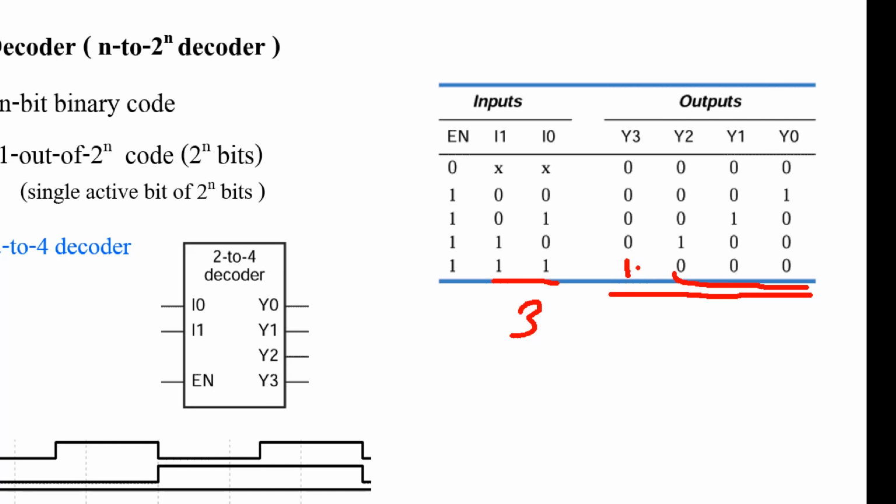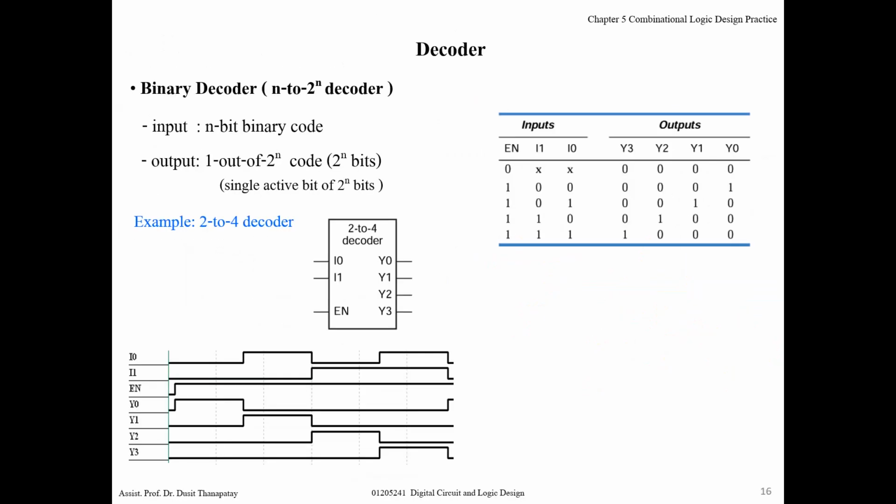The output will have just only 1 bit active, corresponding to the input value. This kind of output is called 1 out of m, which means it will be 1, just only 1 bit, from maybe m bits.